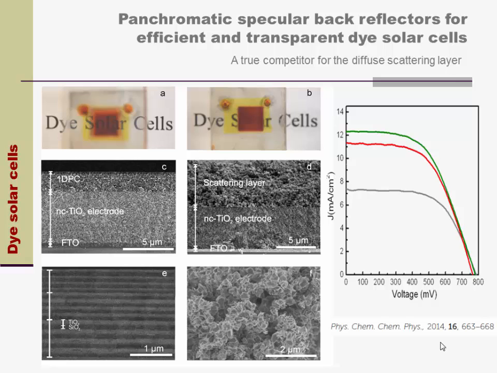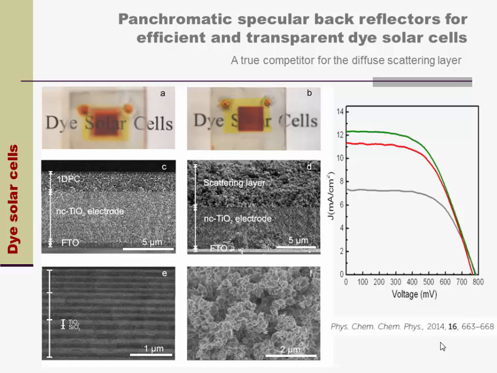So you don't get the same efficiency when you illuminate from the front and from the rear, but you get a pretty decent efficiency also when you illuminate from the back. This can be interesting if you have to place your cell like that, like for instance in the desert, where you don't want it to get covered by sand. Or maybe, I don't know, separating desks between people working in an office.